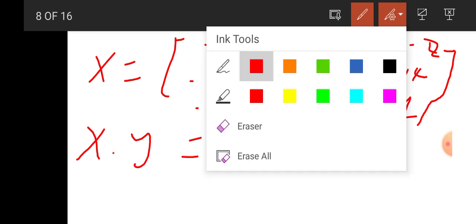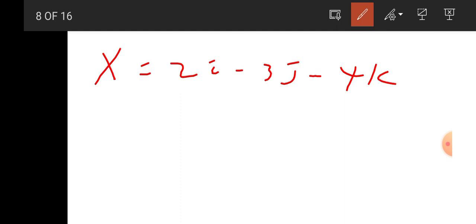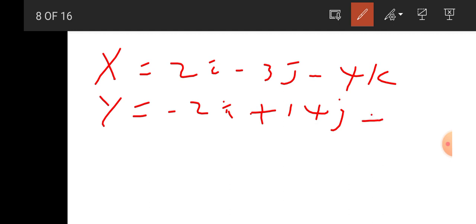Writing this in vector form, x is equal to 2i minus 3j plus minus 4k, and vector y is equal to minus 2i plus 14j plus k.